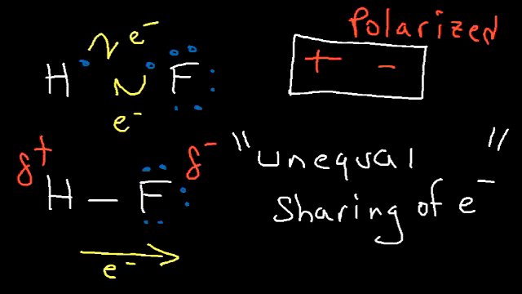Any object that is polar has a dipole moment, and the dipole moment always points towards the negative part of the substance. So HF is a polar molecule. It has a net dipole moment that points towards fluorine, and since we have this unequal sharing of electrons, we have a polar covalent bond.